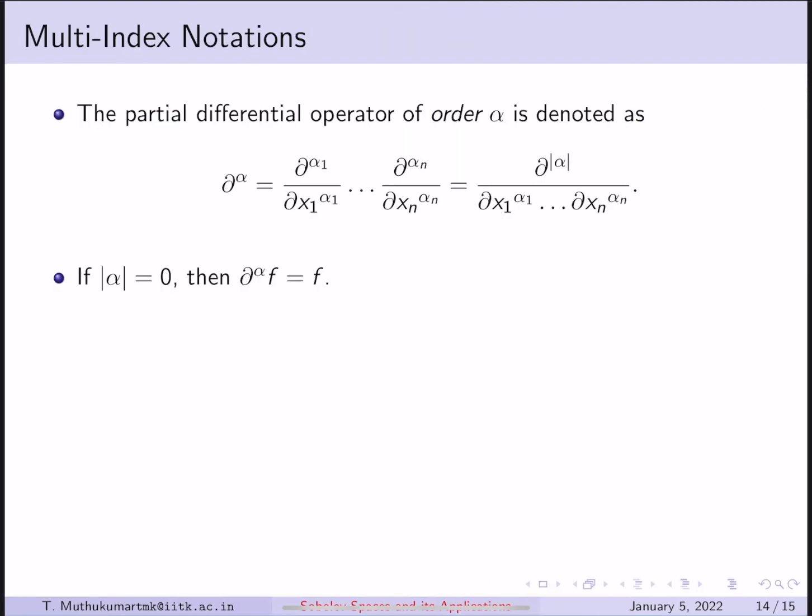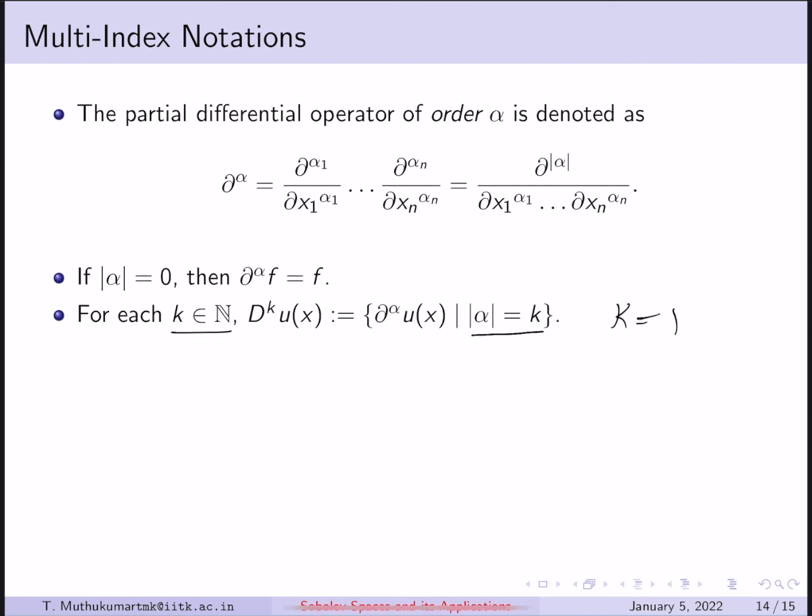Once you see that when mod alpha is 0, that means the sum is 0. Since each of them is a non-negative integer, if the sum has to be 0, each of them has to be 0. So mod alpha equal to 0 corresponds to taking no derivative. For k belonging to the natural numbers, you can accumulate all mod alpha equal to k. So k equal to 1 means all first order partial derivatives, called D1, which is what you know as the gradient vector.